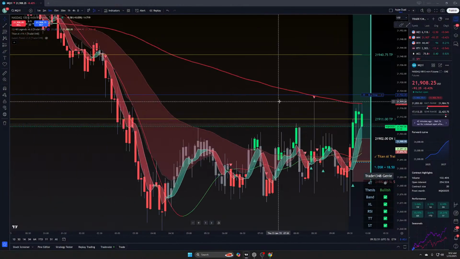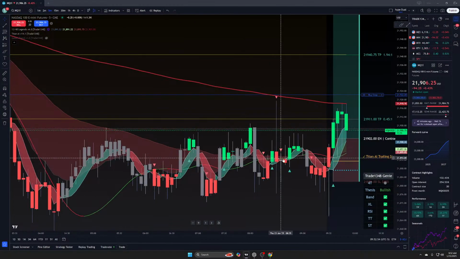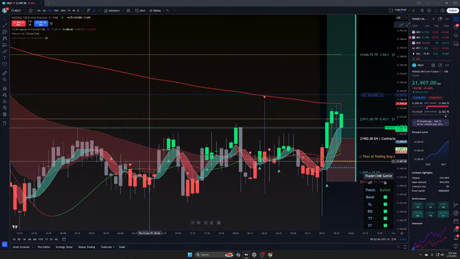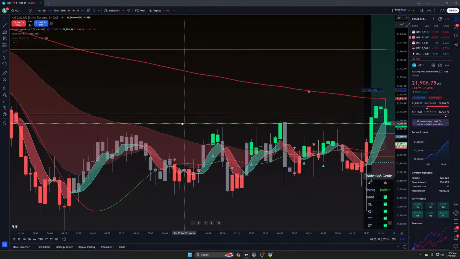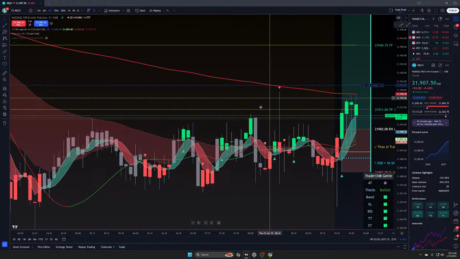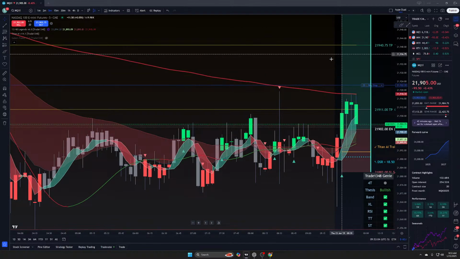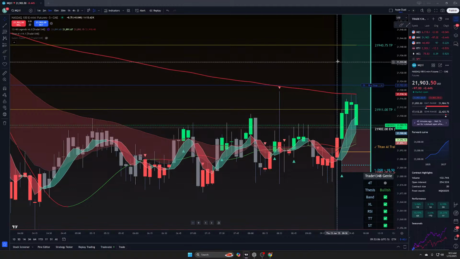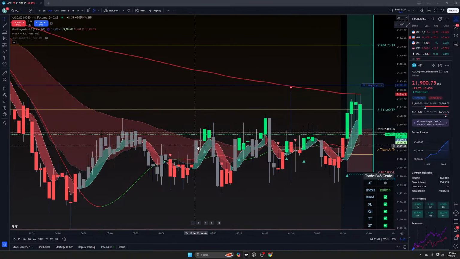So then we had to add additional confluence. All right, so as you can see here is nothing but gray candles here, here, here, chop, chop, chop. Respect all of that. That's what we're doing. Remember, we're not bullish until we get above the 200. This is why we have that rule in place. So you're not doing this.